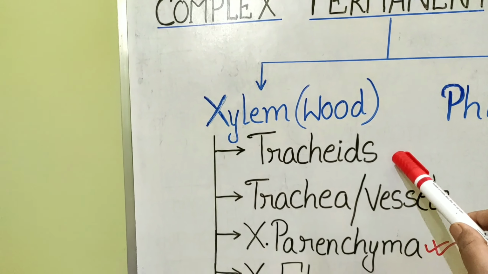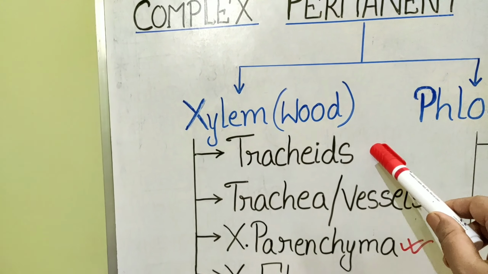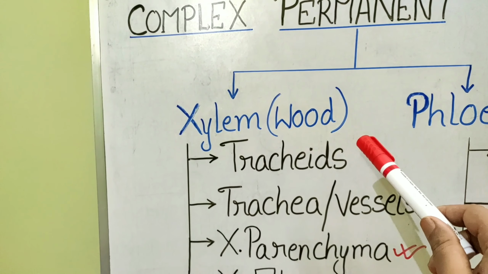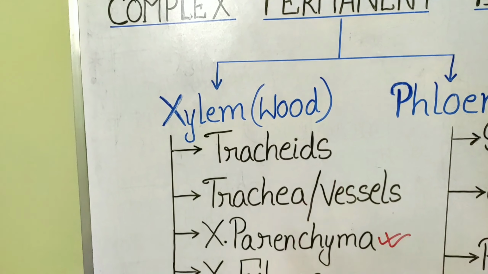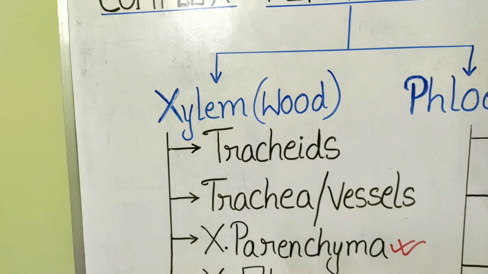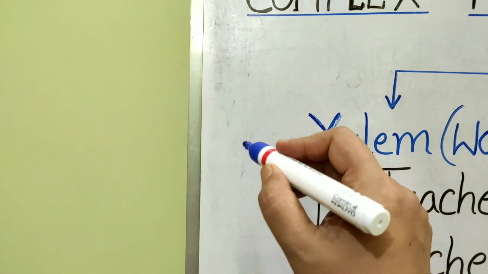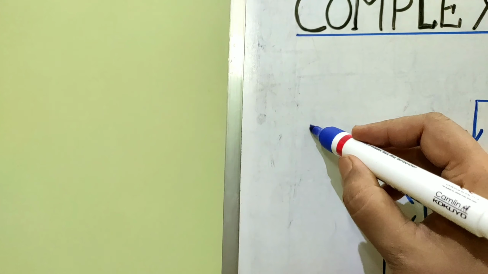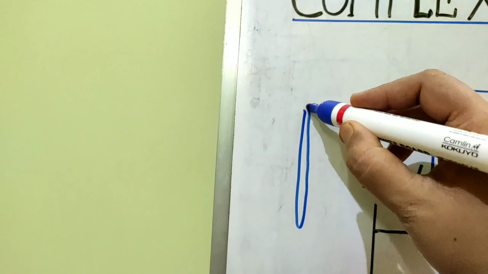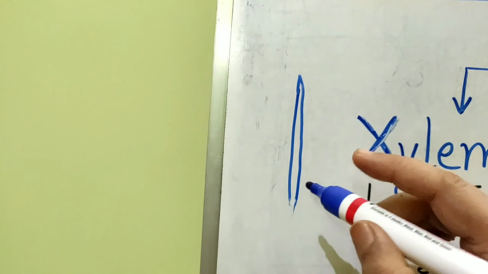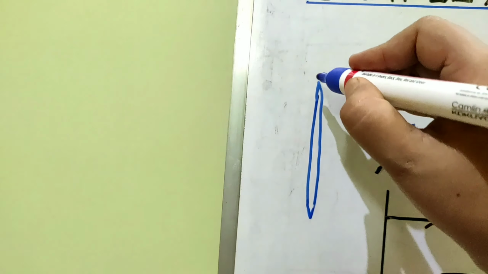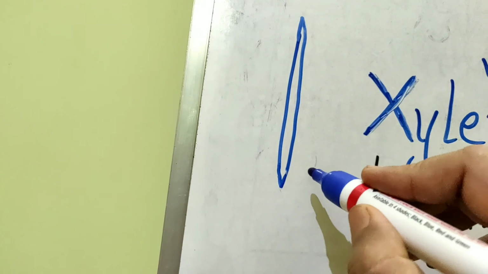Now the tracheids are cylindrical structures which are tapered. Now tapered means what? Let me draw it here, then it will be clear for you. It will be somewhat like this, with the end closed. So the end is closed in the case of tracheids. And in the case of vessels, how will it be?